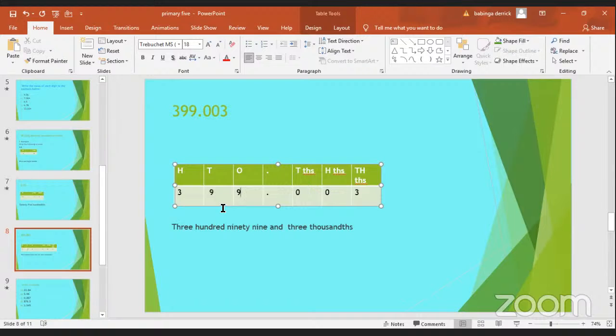After writing that number, you go to the next part, which is the decimal point. You put "and", then you go here and ignore the zeros. Under hundredths, you have a 0. You take that 3, write it as 3, and its place value, which is thousandths.